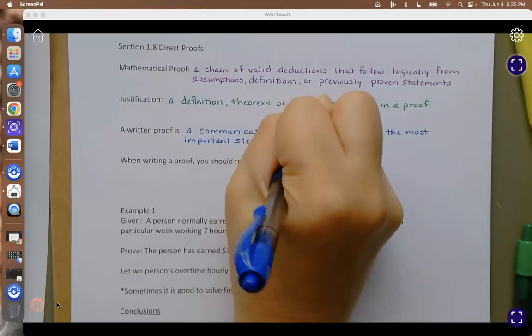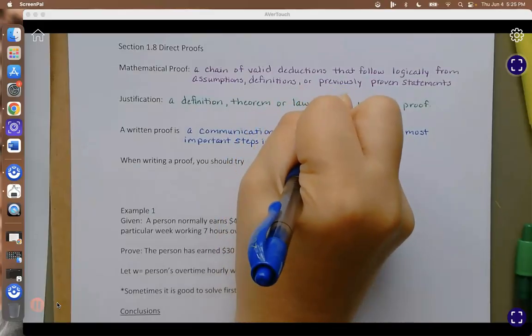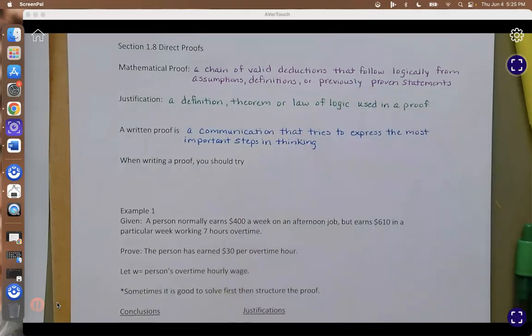And that allows people to look at your paper and look at your problem and follow your thought process. Okay?